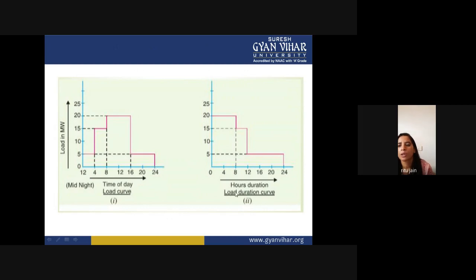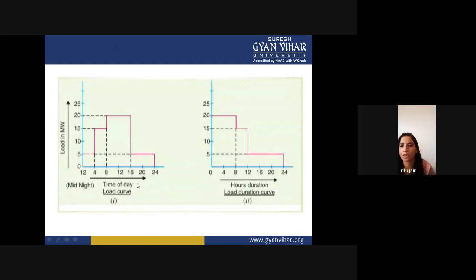But in the load duration curve, you can see that first we are taking the peak load. From the daily load curve, you can see that 20 megawatt is the maximum load, and this is for how many hours? This is 8 hours. So 0 to 8 hours.